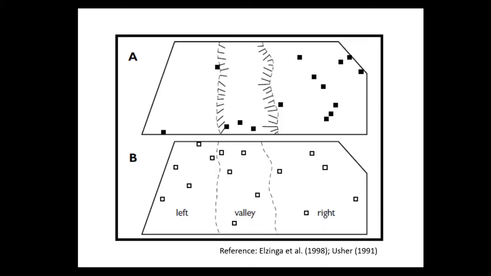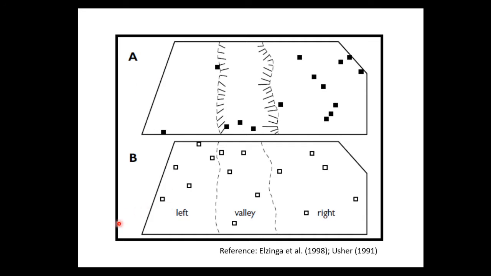This figure shows a nature reserve with a valley running through it. A certain species of rare plants will be counted in 15 quadrats. So the top figure, okay, this A, shows a simple random sample where by chance 10 of the quadrats landed on the plateau, 3 landed in the valley, and only 2 on the left of the plateau.